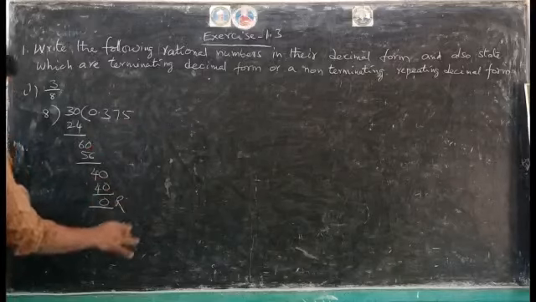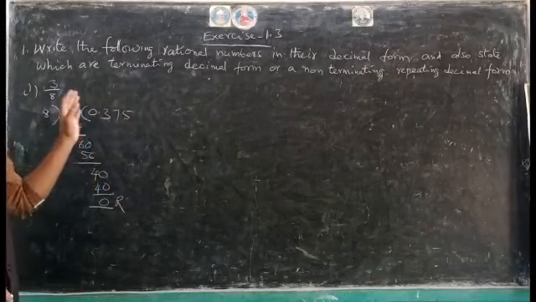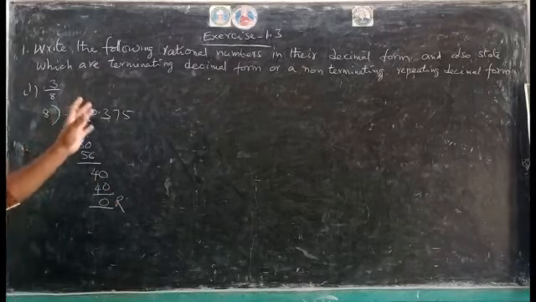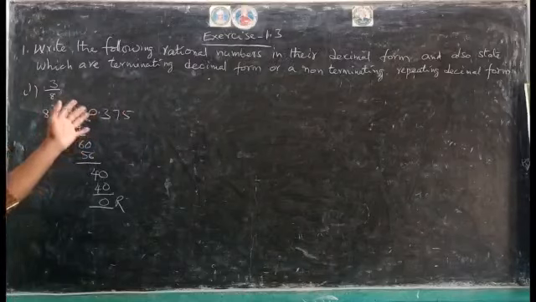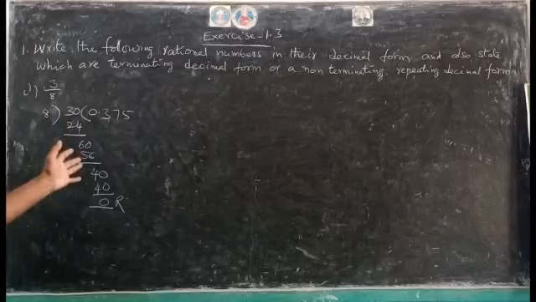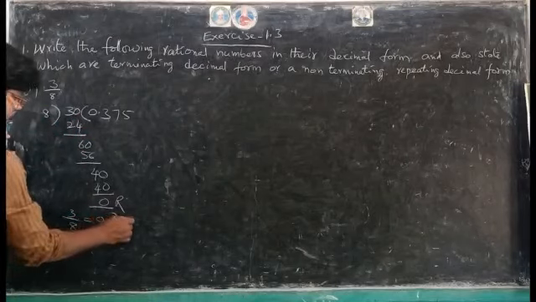Remainder 0. So in the quotient, 0.375. The division is over. When the remainder is 0, the division is over. So 3 by 8 is equal to 0.375.